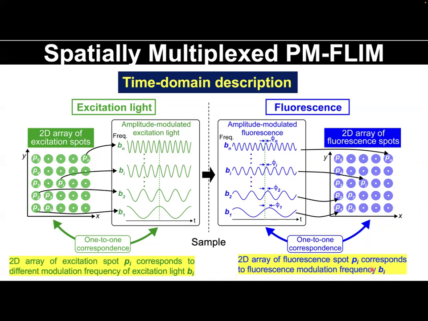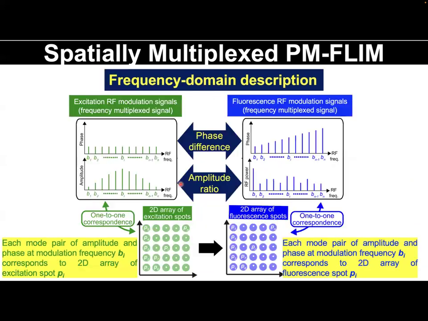So the 2D array of fluorescence spots Pi corresponds to the fluorescence modulation frequency Bi to have a one-to-one correspondence, in the same manner as the excitation light. Now, what happens if we collect the signal from this two-dimensional spot of fluorescence and excitation light using a point detector? The answer is here, which shows the frequency domain description of the detected electric signals in the RF region.